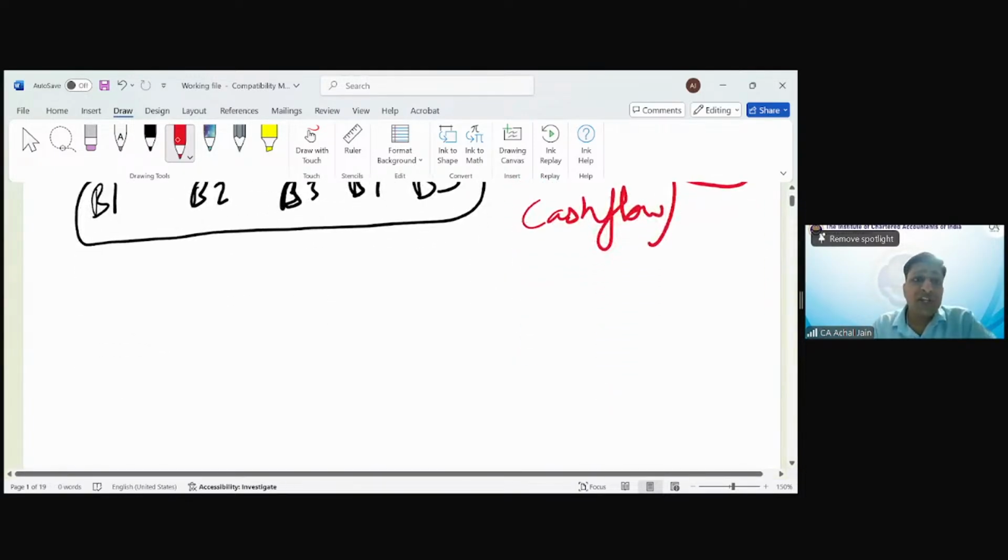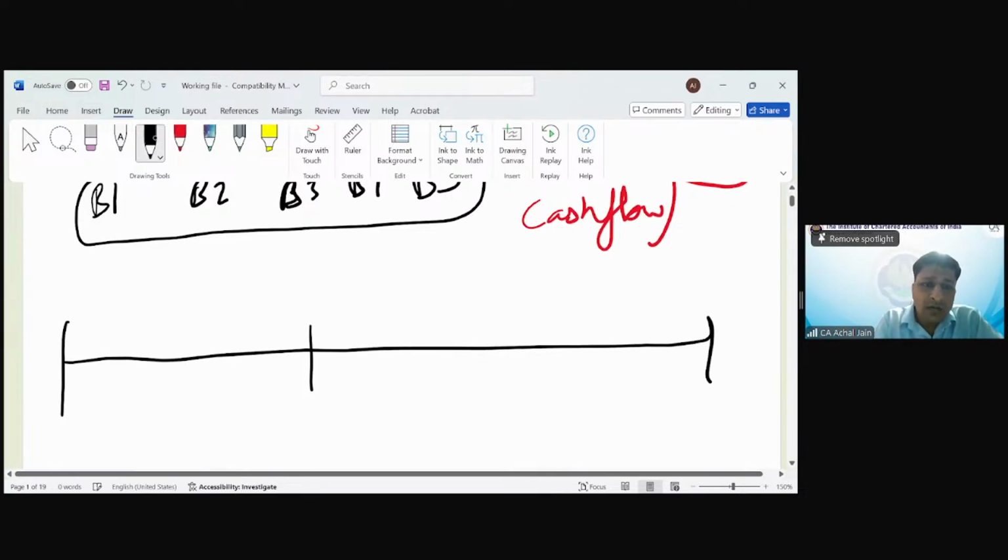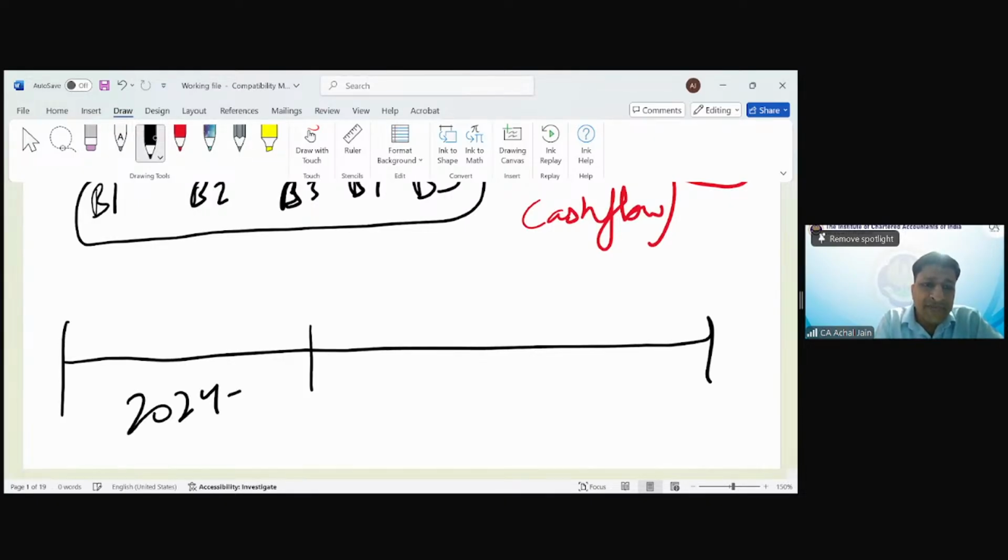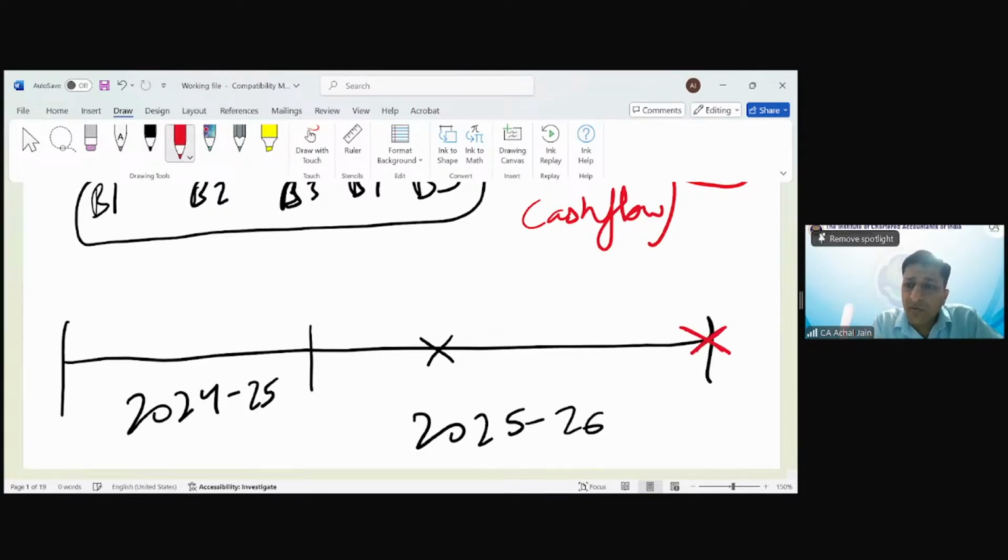But it's a future event. So now 24, 25 is gone. You were somewhere in 25, 26. And anyways, you are expecting this to happen sometime over here. So it's a future event. So has it already happened? No, it's going to happen in future.